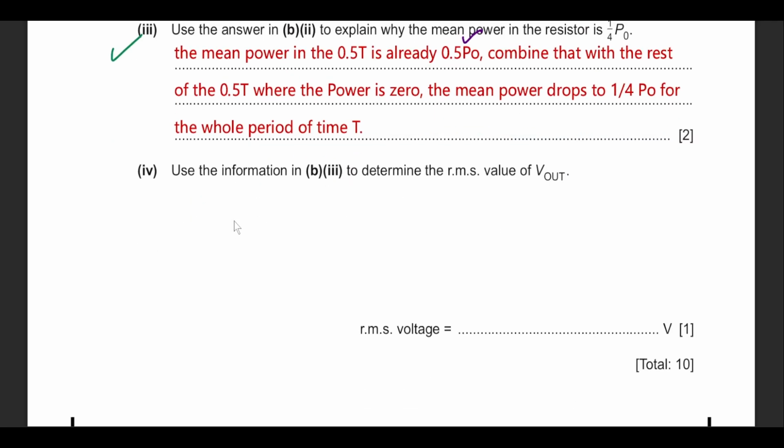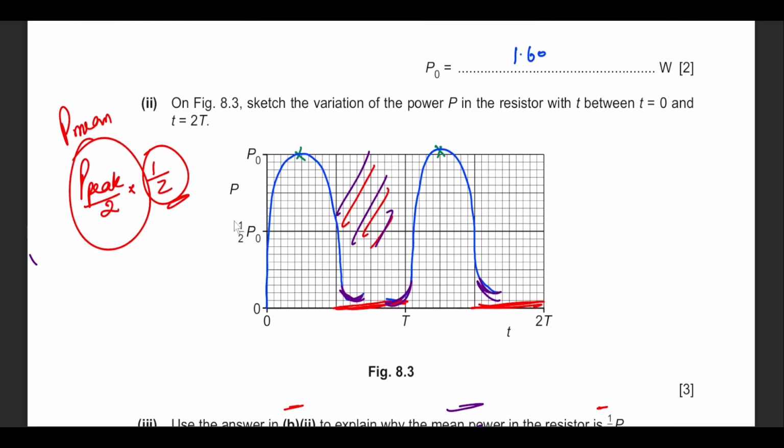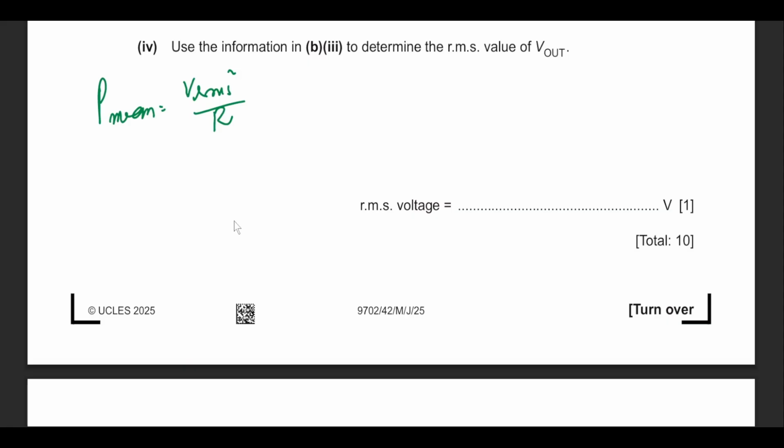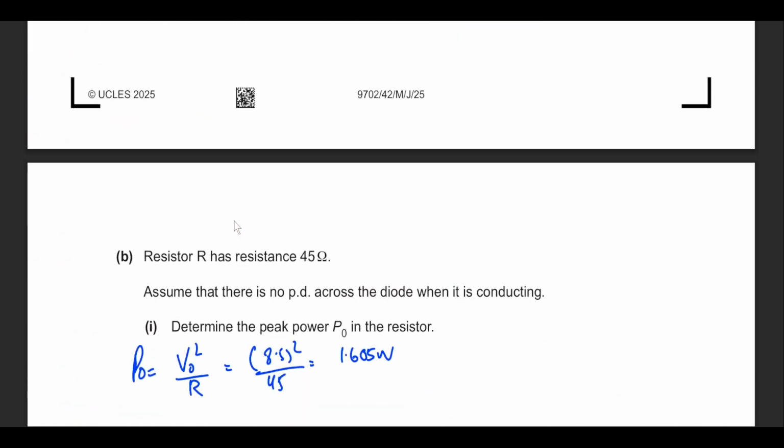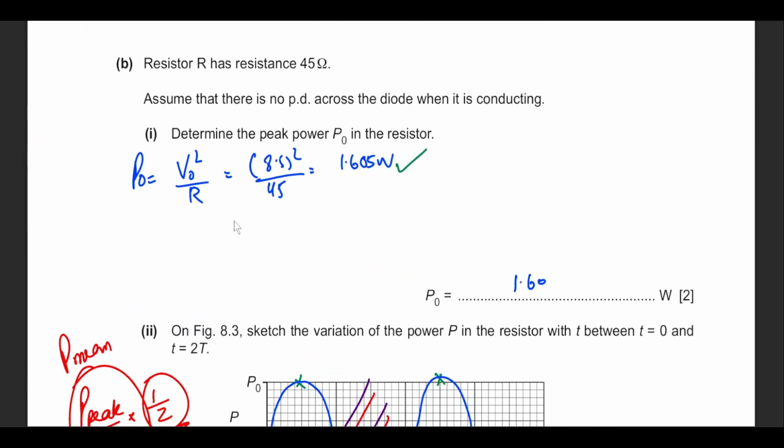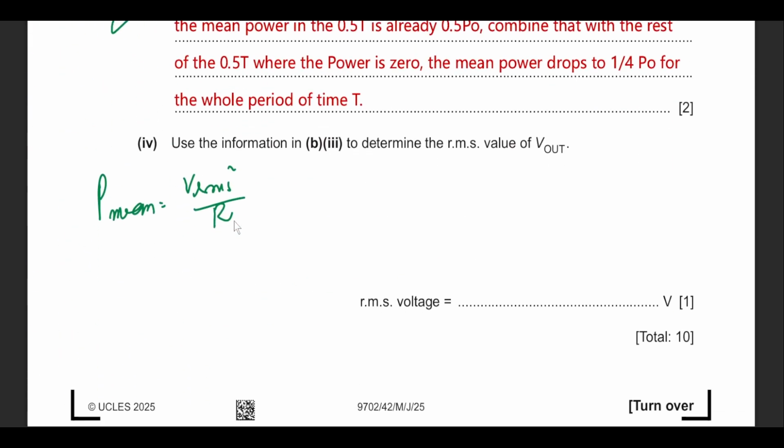Use the information in B3, the previous part, to determine the RMS V out, the RMS value of this situation. So there is one way. This will be P mean equals V RMS squared divided by R. So P mean, or the mean value this time around for the half-wave rectifier, will be P by 4. So the previous part, if you were able to find the power, which was 1.6 here, that power will be used here.